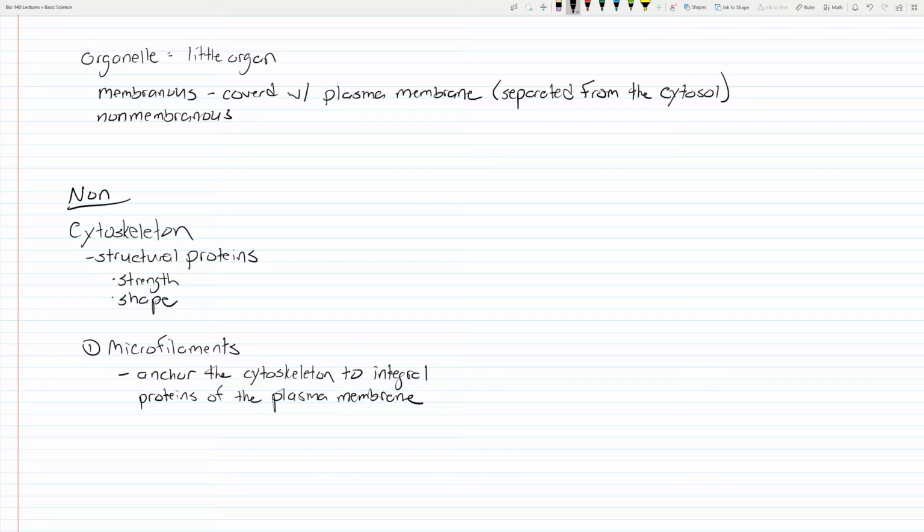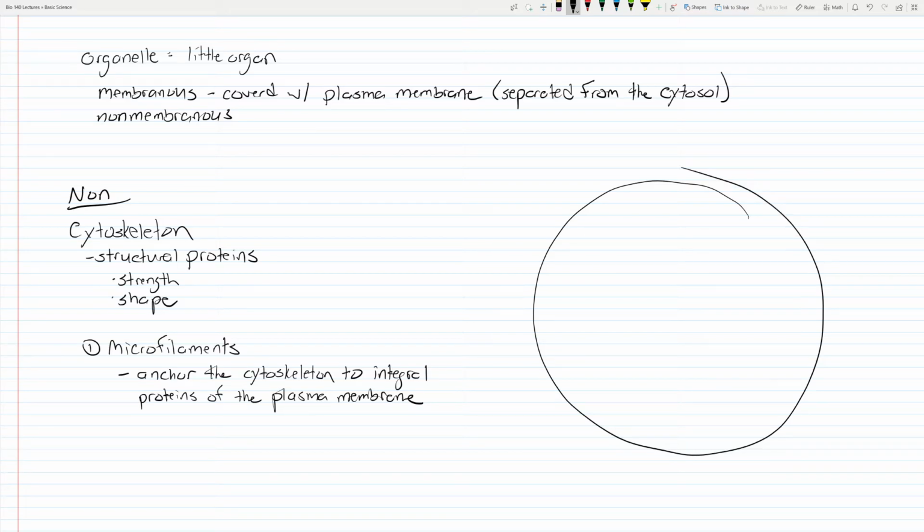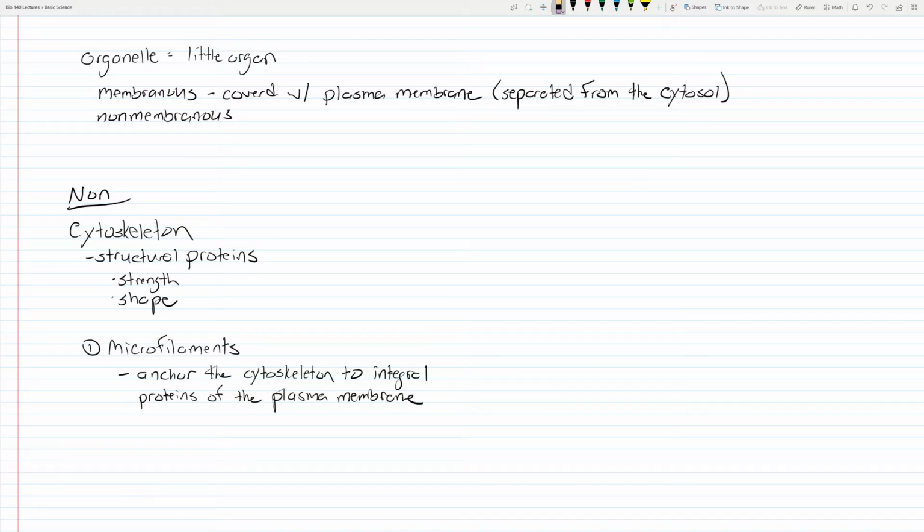To diagram this out, if you have a cell over here, that's a terrible circle, but cells aren't perfect circles, so I guess it's okay. So you have a cell.